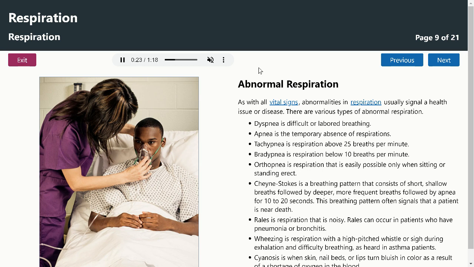So if you're running, doing any kind of exercise, can't catch your breath, then you have dyspnea. Apnea is a temporary absence of respiration. So people that have sleep apnea stop breathing. If you stop breathing for 20 seconds or more, that's considered apnea. Do y'all know anybody with sleep apnea?